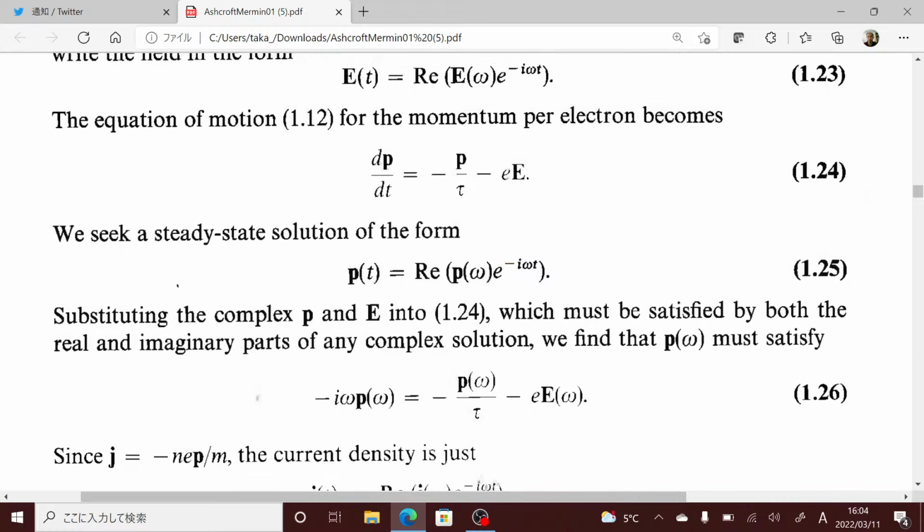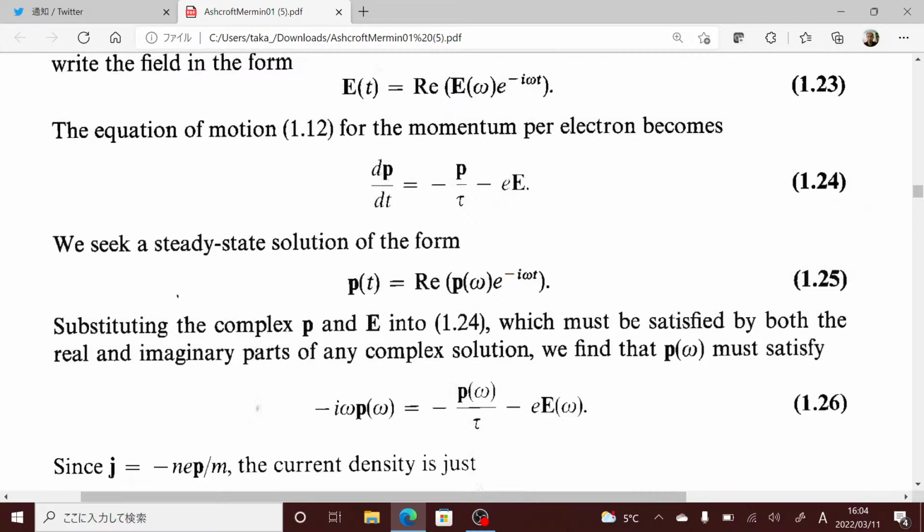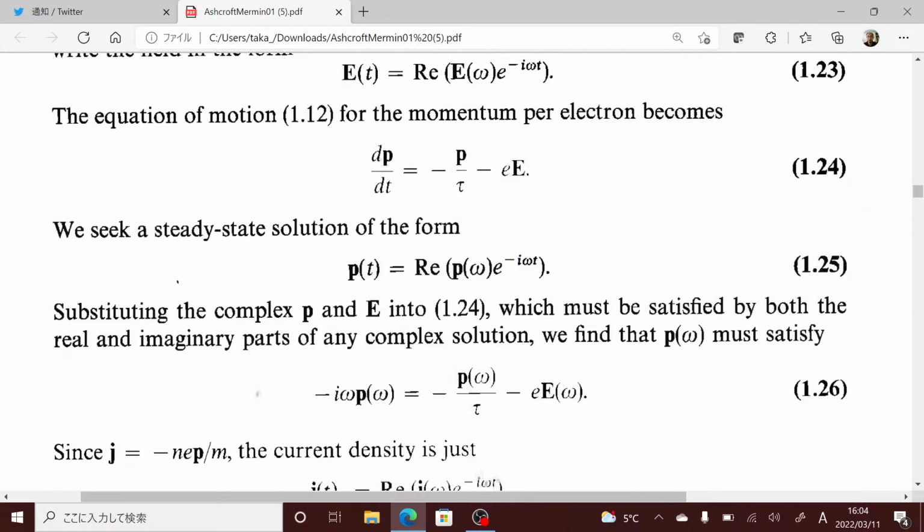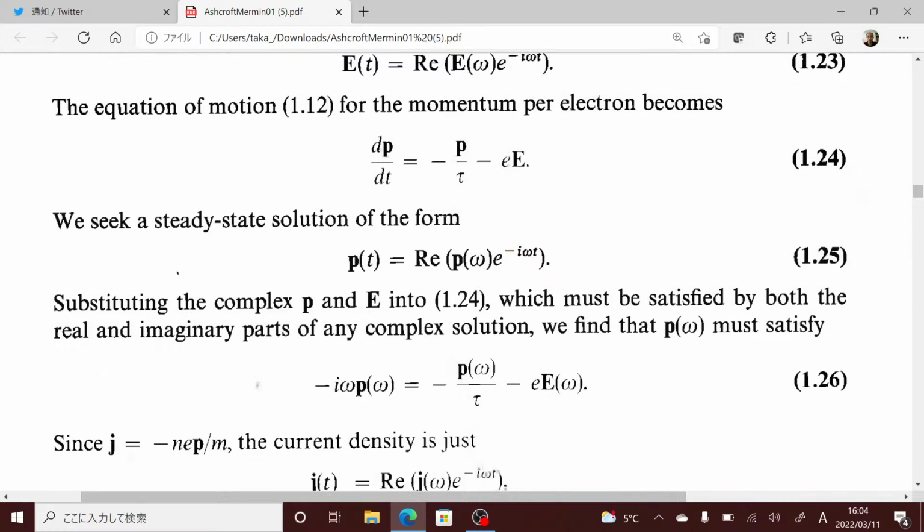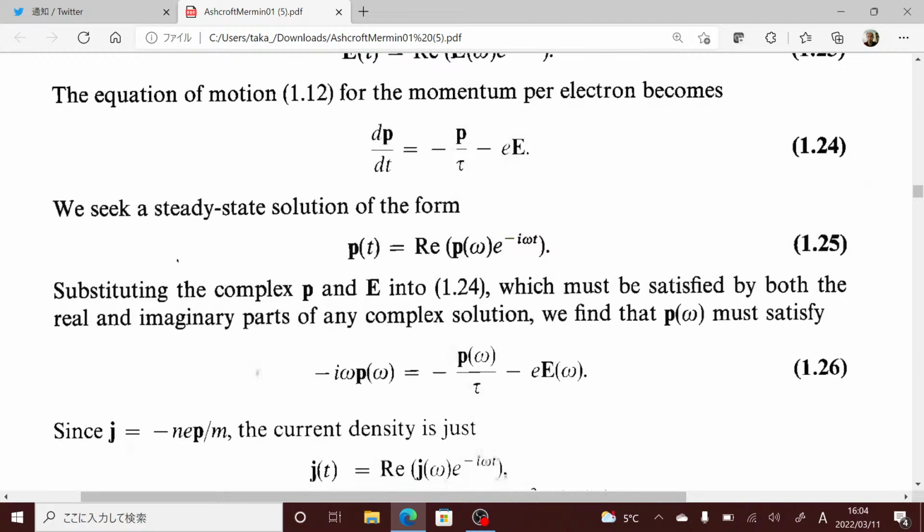Substituting the complex p and E into 1.24, which must be satisfied by both the real and imaginary parts of any complex solution.